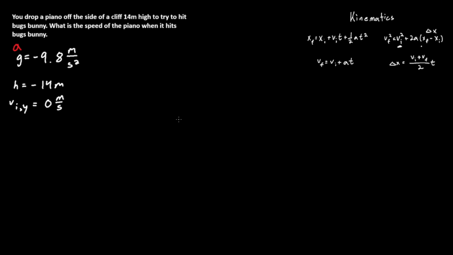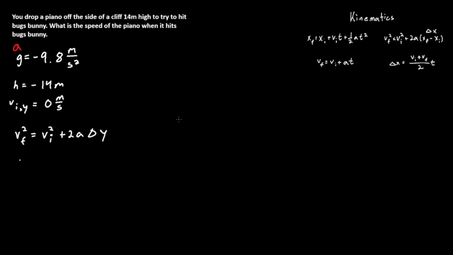We have initial velocity, we have acceleration, and we have delta y in this case instead of delta x as the formula states. So we only have one missing variable, final velocity. So let's solve for that. Final velocity squared is equal to initial velocity squared plus 2a delta y in this case.